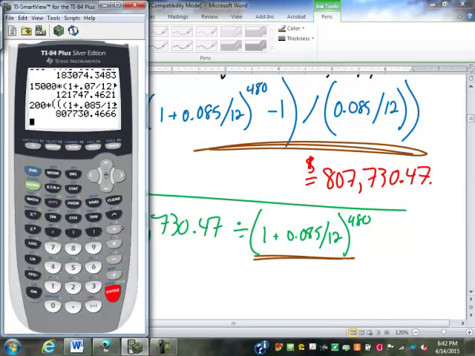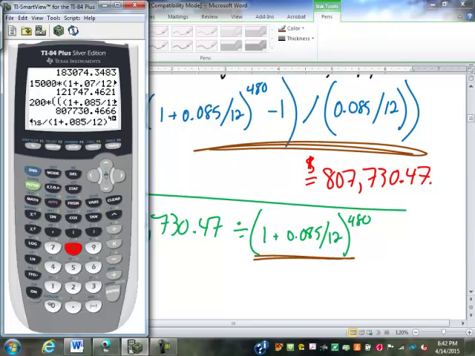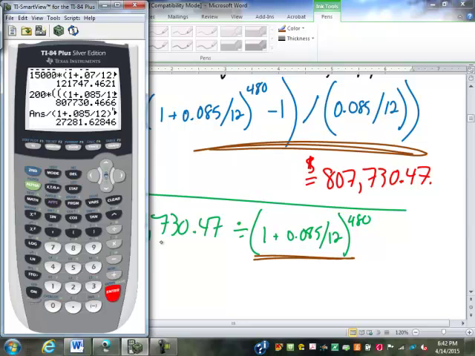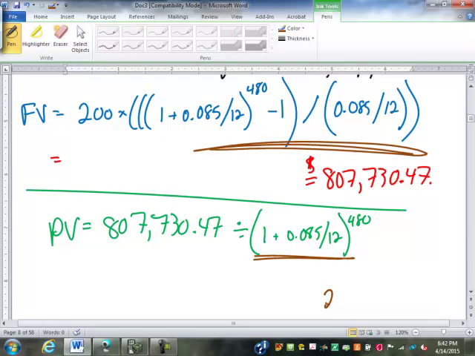So we're taking that number divided by, parentheses, 1 plus 0.085 divided by 12, close, power of 480. Equals 27,281.63. So instead of paying $200 a month for the next 40 years, you could just pay $27,000 right now and you'd end up in the same spot.